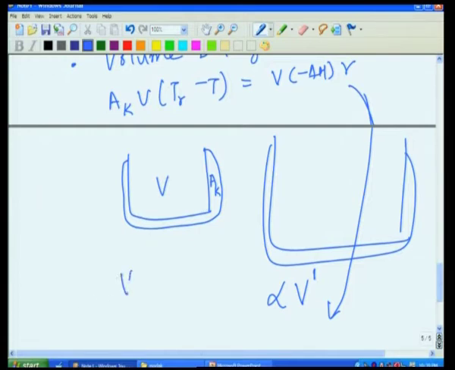If the reactor is cylindrical or tubular in nature, it will be V to the power half, if it is spherical 2/3 and so on. Why? Because your area will be proportional to either R square or R cube, depending on which kind of reactor you have.